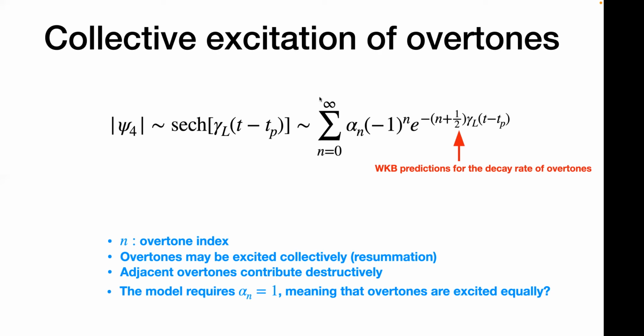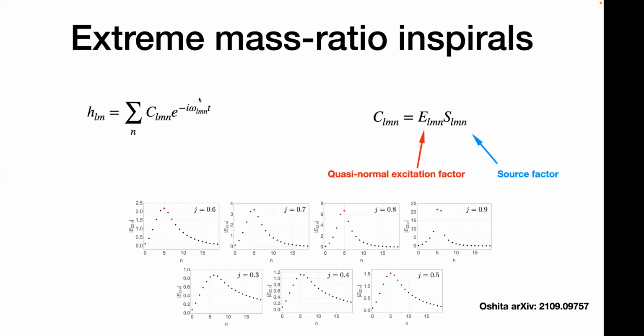So let's look at extreme mass ratio inspirals. The Ringdown of these systems can be written as a superposition of different overtones. And the mode amplitude can be computed from black hole perturbation theory. In particular, it consists of two parts.